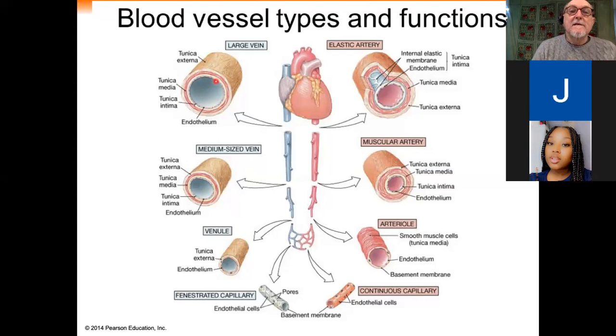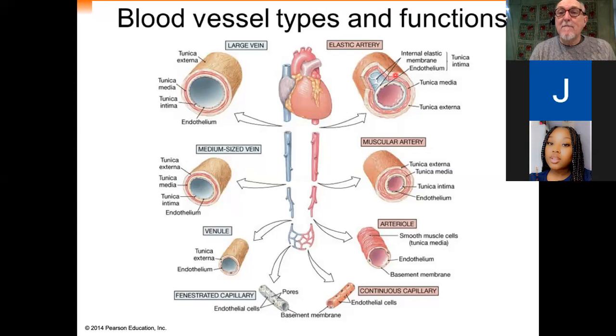So in any case, the veins are thin-walled. These layers are all thin. The vessels cannot actually withstand much pressure at all. In the case of the arteries, on the other hand, they have to withstand a lot of pressure. The vessels which lie close to the heart, in fact, have an additional structure to them, which I'll show you now.